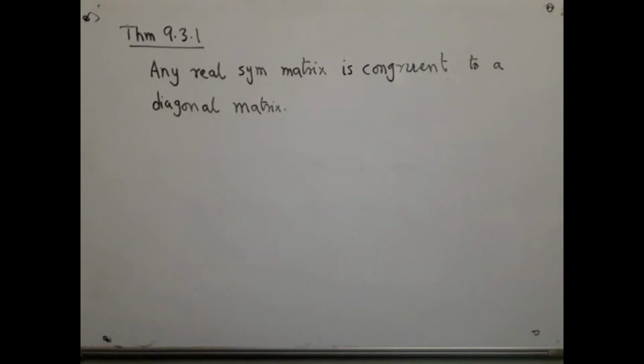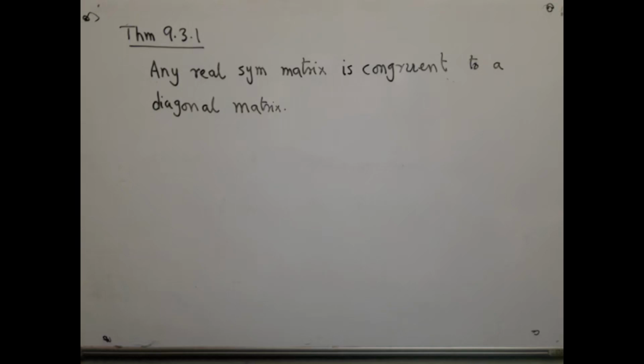And this is the main statement of Theorem 9.3.1, which says that every real symmetric matrix is congruent to a diagonal matrix. Of course, Rao Bhim has not presented it in this way. It has presented it in a way so that you do not see the real interpretation of that, but this is equivalent to that.